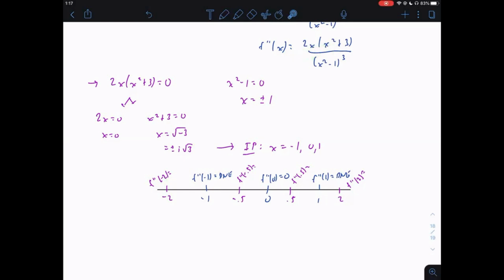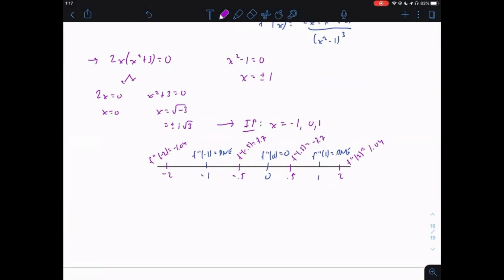Plugging in -2 gives us roughly -1.04. -0.5 gives us about 7.7. +0.5 gives us -7.7. And lastly, for +2, we get +1.04.